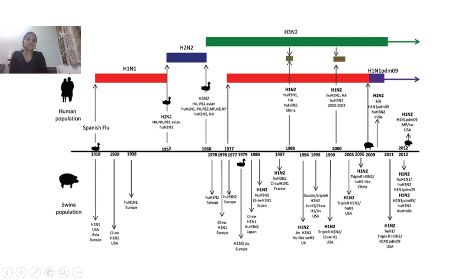Then in 1957 again it was caused by another strain, H2N2, with HA, NA, PB1 and avian H1N1. So these are different strains. There are different kinds of proteins in the influenza virus: HA, PB1, PB2, then M1, M2. These are the different proteins present in the influenza virus, and all have different functions.